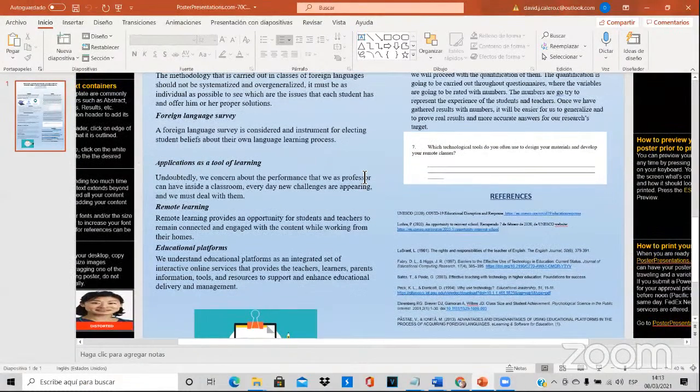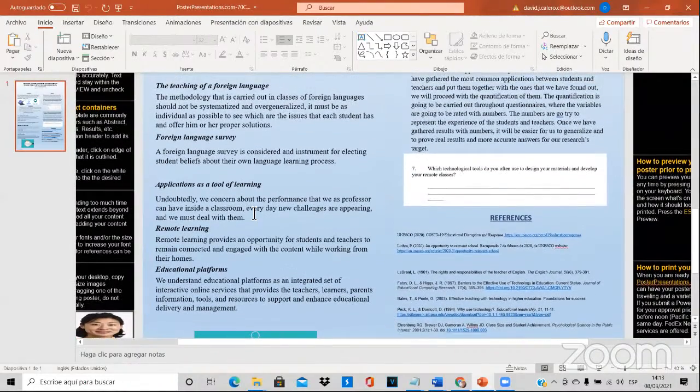We first defined applications and tools. We understand the concept of applications as a tool of learning, as something that the professor can use inside the classroom, of course related with technological resources, and remote learning. And second, the educational platforms.